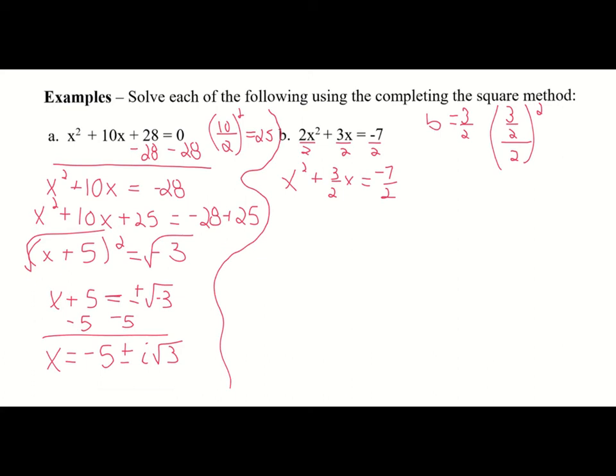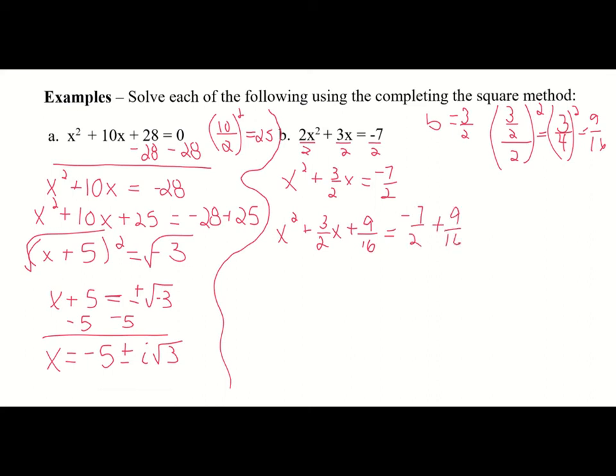All right, so again, 3 halves divided by 2 is equal to 3/4. And when you square 3/4, you get 9/16. And you can use a calculator to help you. So we have x squared plus 3 halves x plus 9/16 is equal to negative 7 halves plus 9/16.